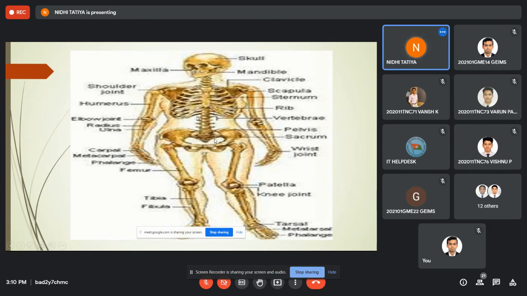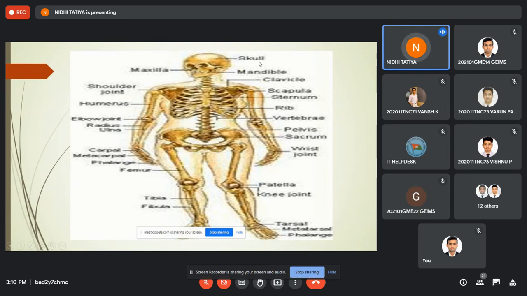From the base of the skull till the upper border of the pelvis, we have the vertebral column, which is vertical. Okay. And this circle on which we are each sitting down upon is called the pelvic girdle or pelvis, which is made up of the right and the left hip bone and the sacrum from behind.